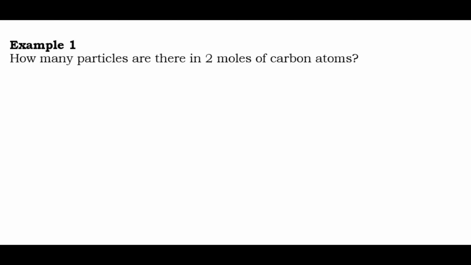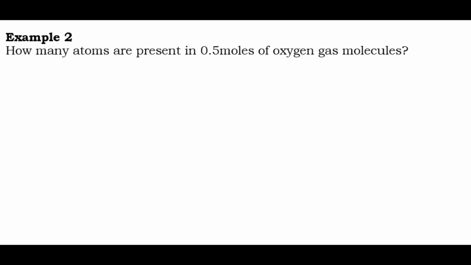So let's look at example number 2. Example number 2 reads, how many atoms are present in 0.5 moles of oxygen gas molecules? What do you think we should do? Try solving this on your own. Okay, let's answer this.